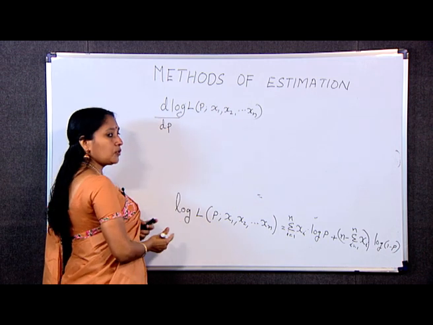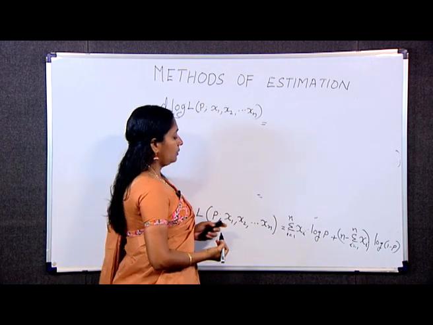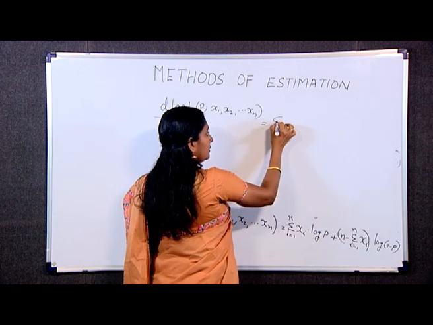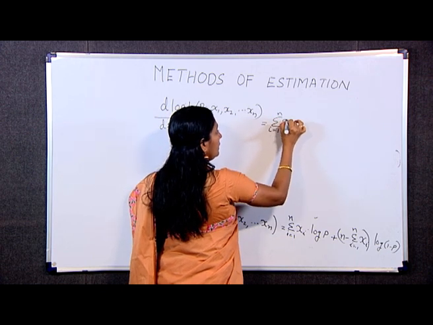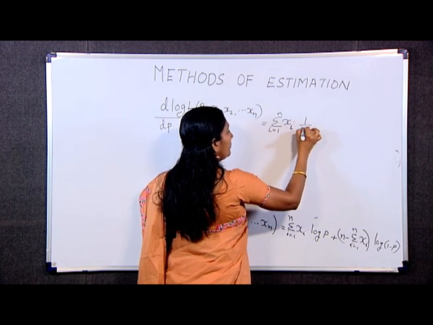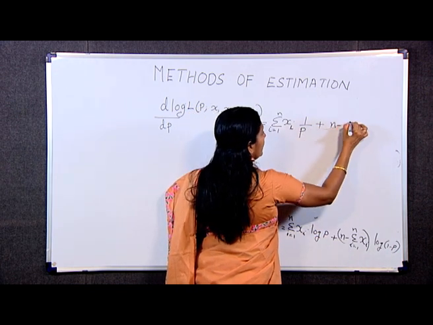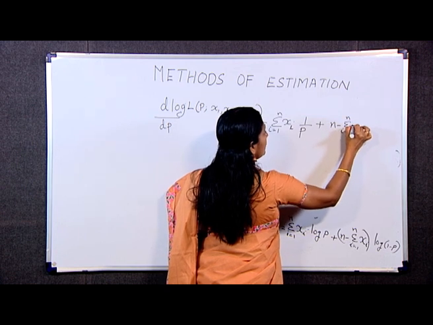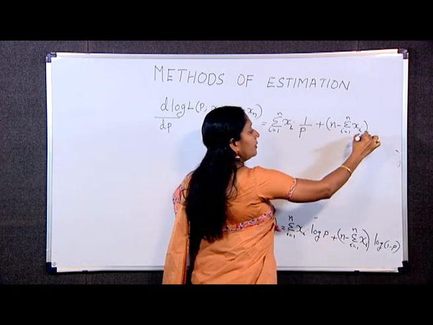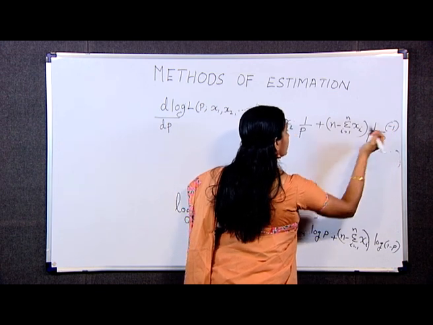That means, the first order derivative of the log likelihood function with respect to p is equal to, now look at the first term in the right hand side, it is summation i = 1 to n xi into derivative of log p, which is 1 by p, plus, now in the second term we have (n minus summation i = 1 to n xi) into derivative of log (1 minus p), and it is 1 by (1 minus p) into minus 1.